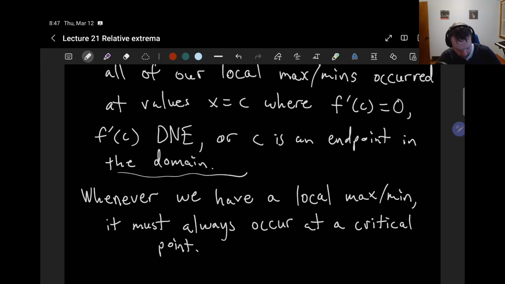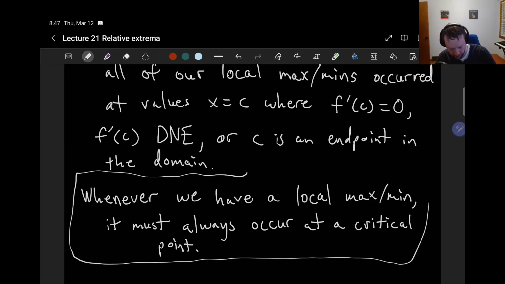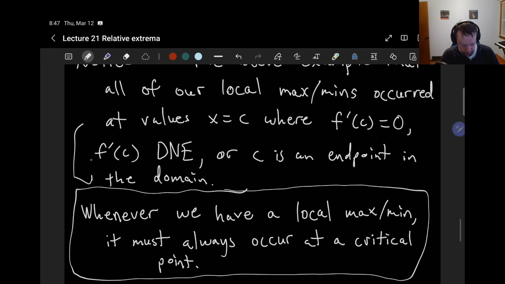Remember from last time, critical points are places where the derivative is 0 or undefined or an endpoint. And that's exactly what I've listed out right here.